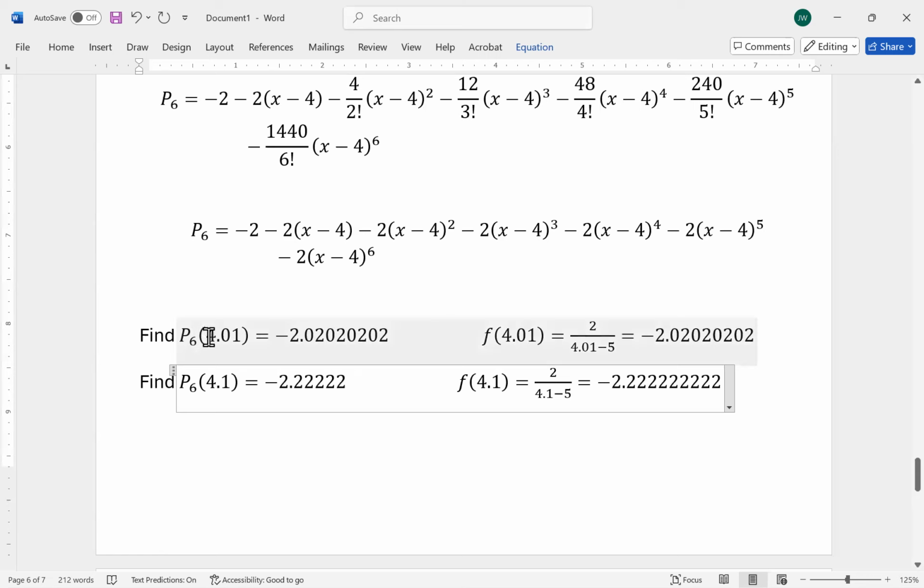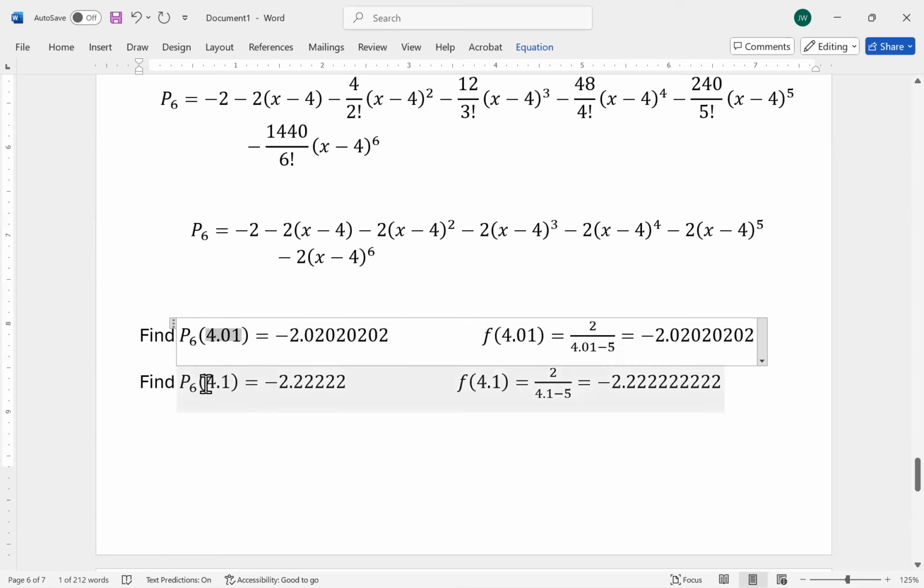When we plug in 4.01, I got a better approximation than when I plugged in 4.1. The reason is that I was closer to the center when I plugged in 4.01 compared to plugging in 4.1. So the closer to the center we are, the better approximation we have.